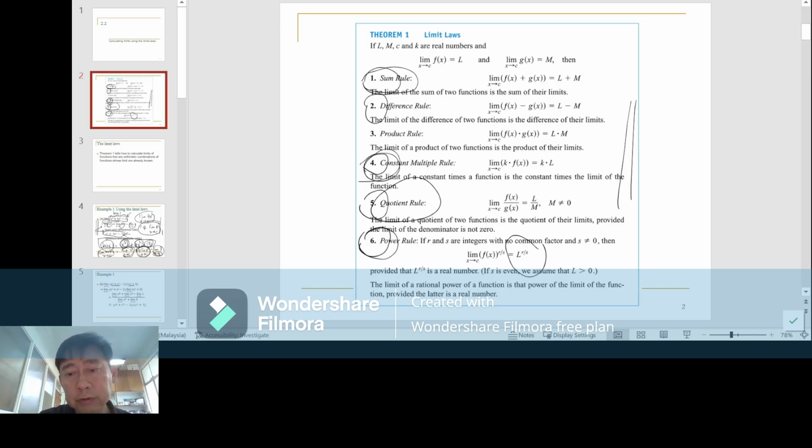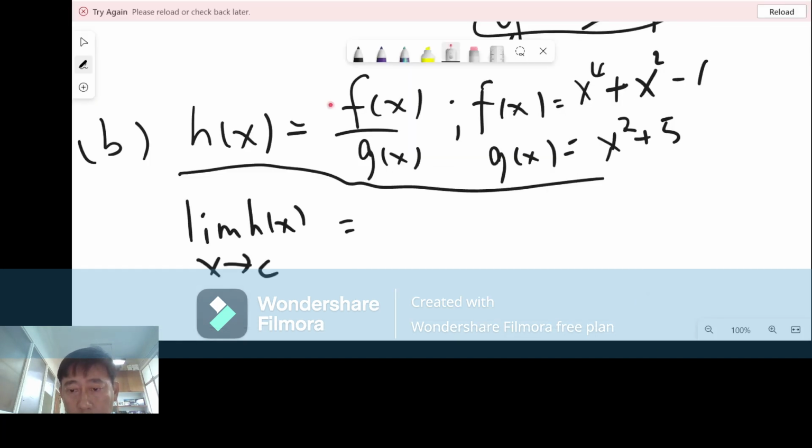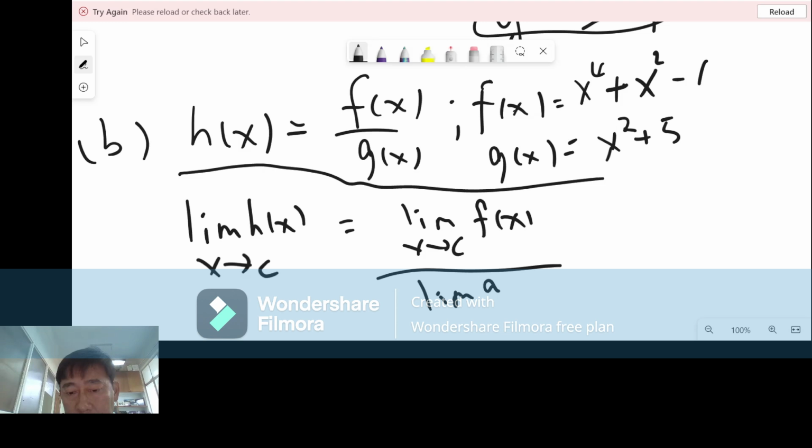The quotient rule says if you have a rational function, then the limit of the rational function is just the ratio of the individual functions. So here, this is equal to the limit of the function f as x tends towards c, divided by the limit of the function g when x tends towards c.